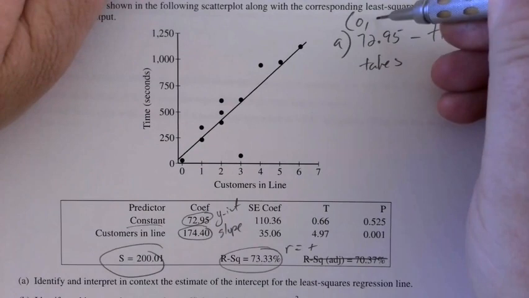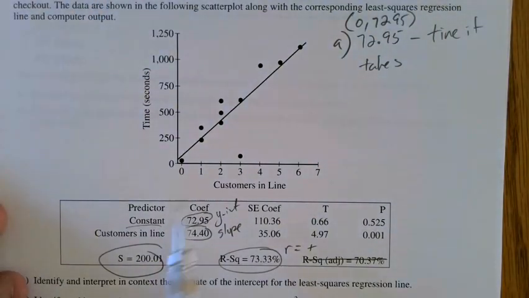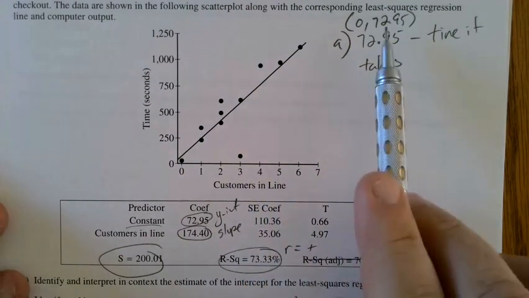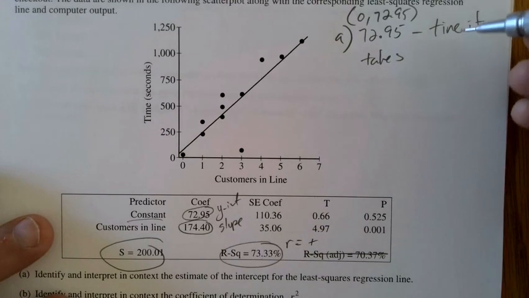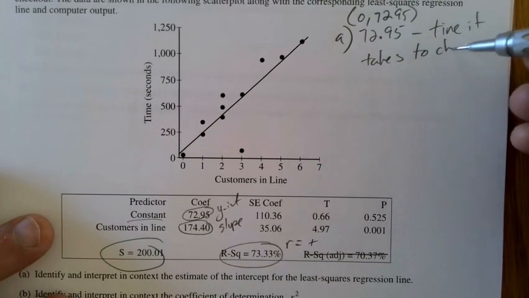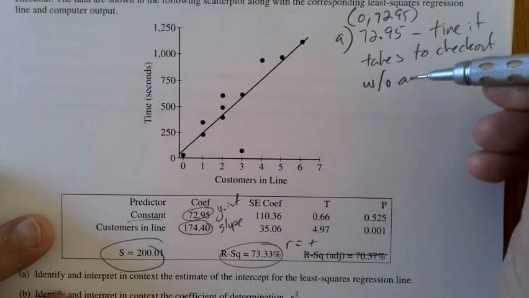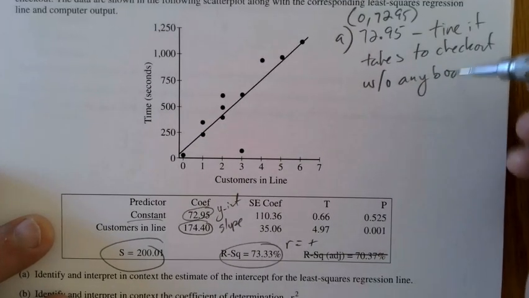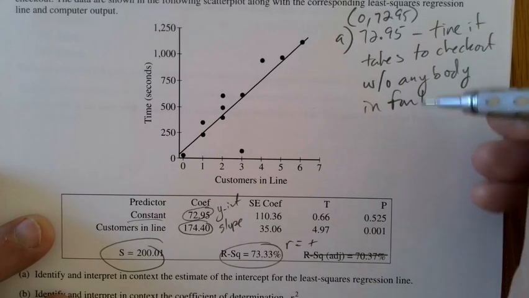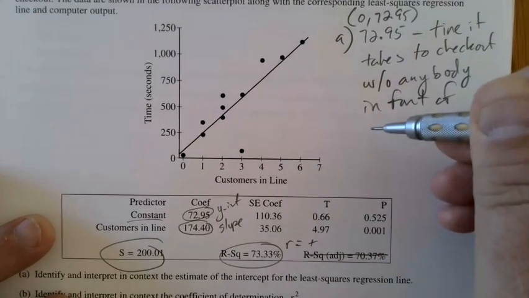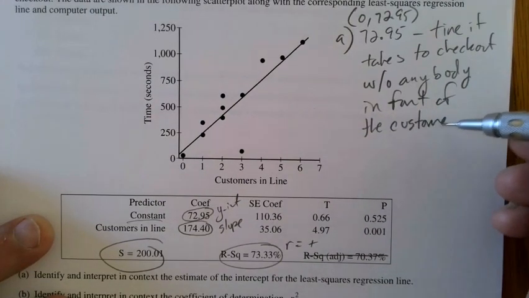This represents the point (0, 72.95). Okay, so 0 customers in line, 72.95 seconds to check out. So this is the time it takes to check out without anybody in front of you. So this is like coming to an empty checkout line.